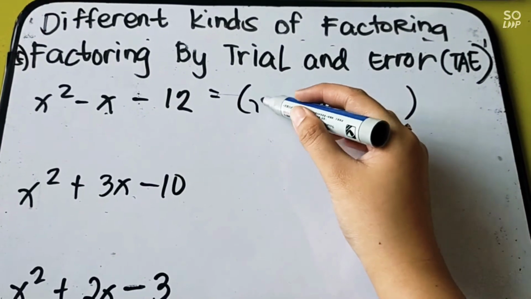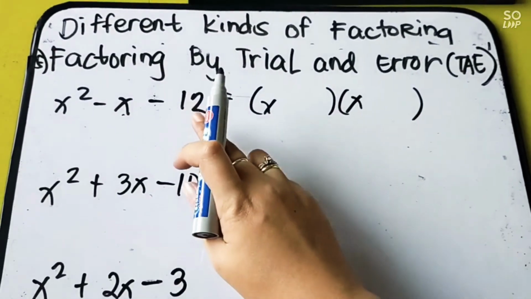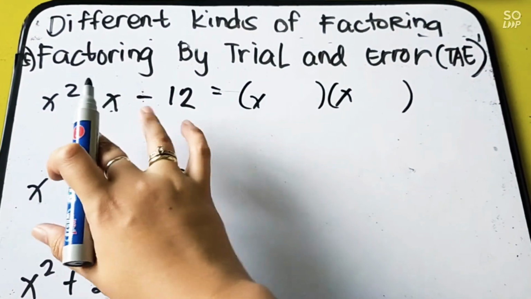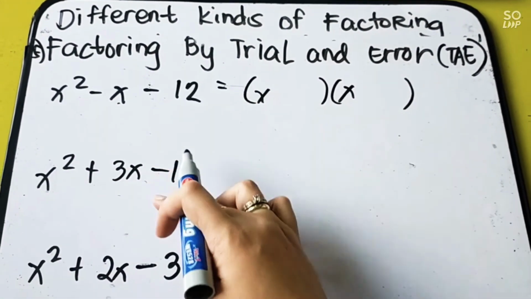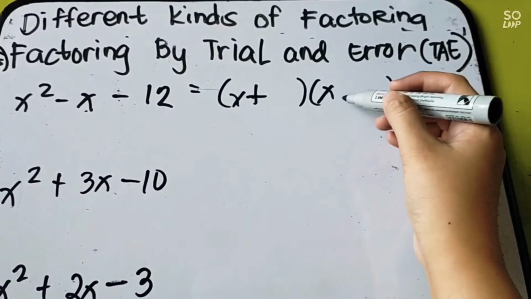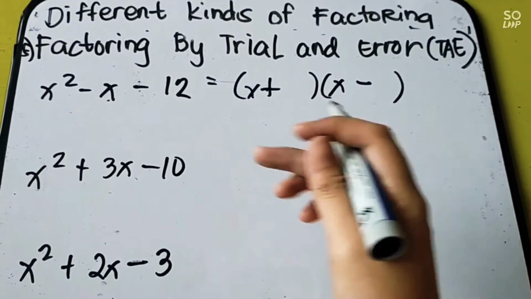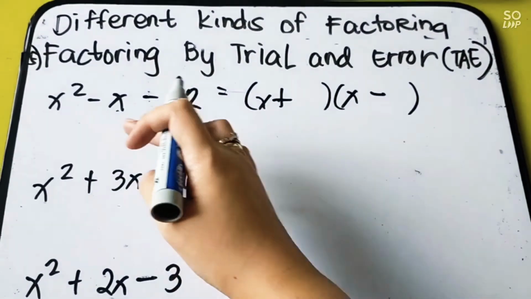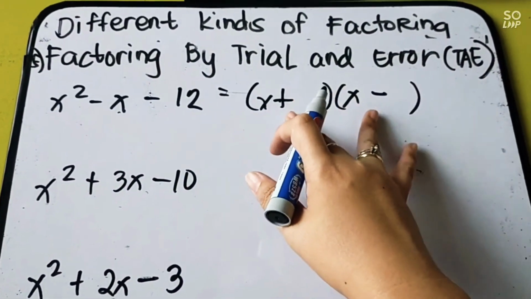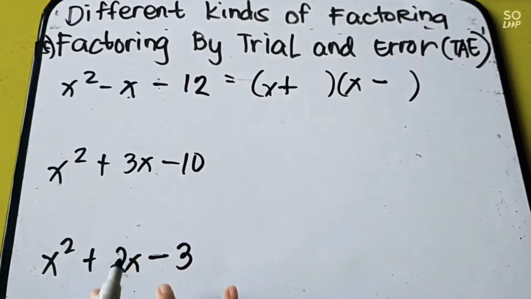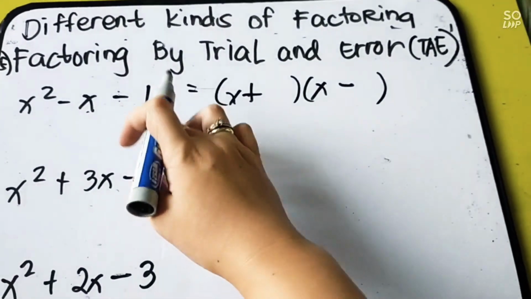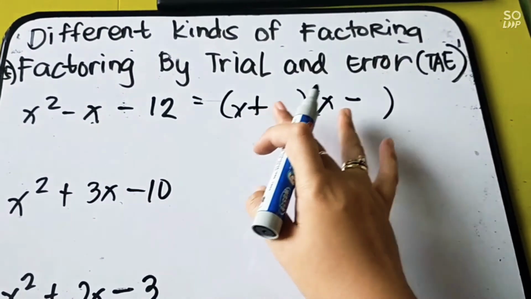Factors of x squared, we have x and x. Now, let us list all the factors of 12. When the last term is negative, one is negative and one is positive. That's always the case. When the negative sign is in the middle and the last term is positive, both are negative. When both are positive, both are positive. Since the negative sign is in the third term, one is positive and one is negative.